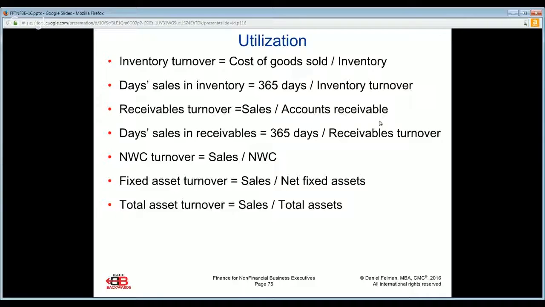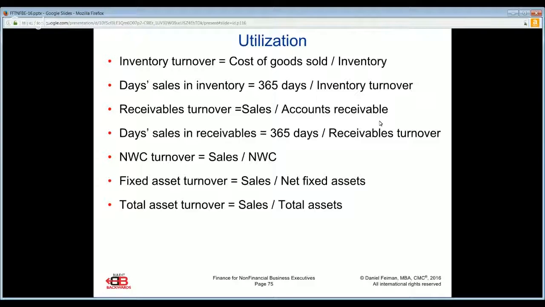Here's a caveat. Whether we're talking about inventory or receivables or payables, we definitely want to remember and recognize this is going to measure the average, not the absolute. So when we look at inventory turnover and we calculate the number of times per year that we're turning over the inventory, that's not going to tell us what we have in stores that may be damaged, obsolete, or in some other way not saleable.